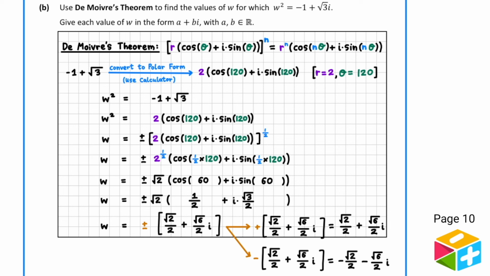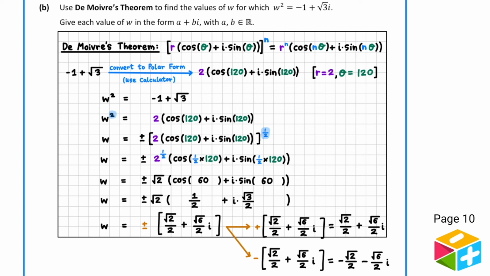Now, looking at the equation, we have a w squared on the left-hand side. We want to find the value of w, so we should get rid of the square. We can do this by square rooting both sides. However, instead of drawing in the square root symbol, I'll write it as a power of a half.